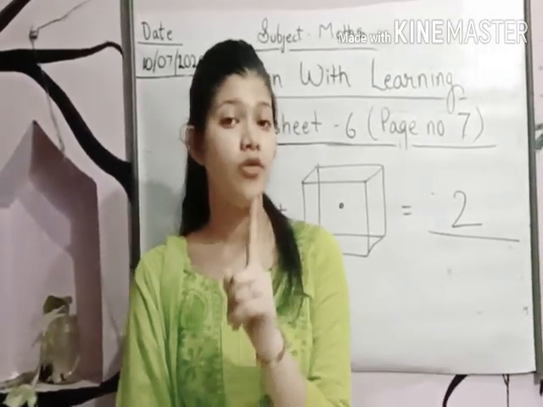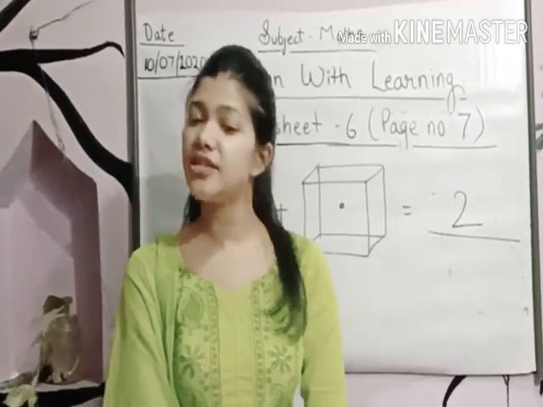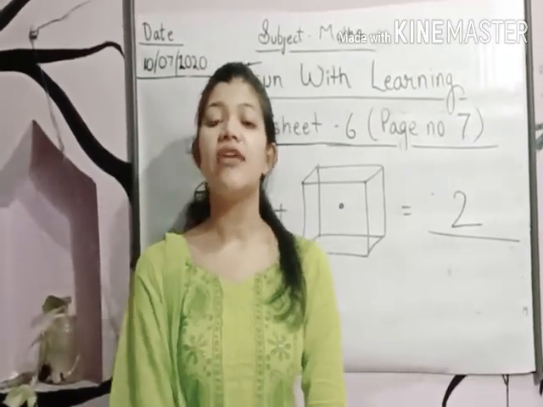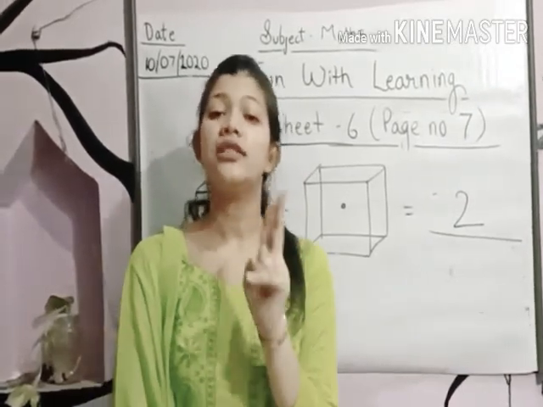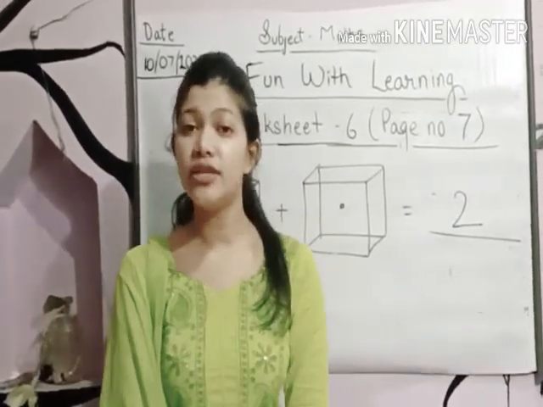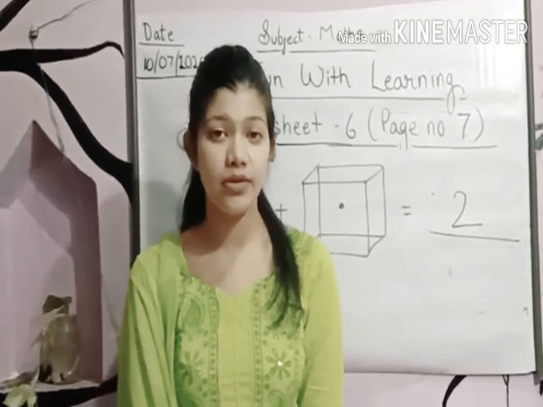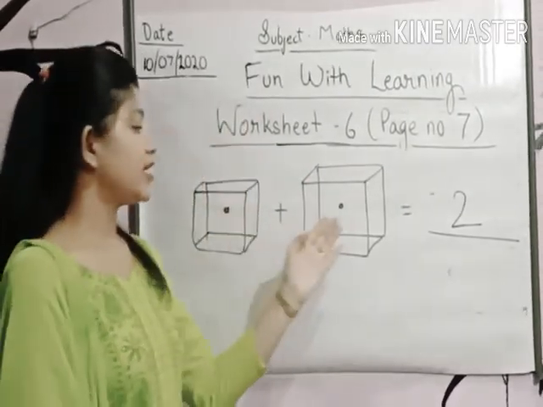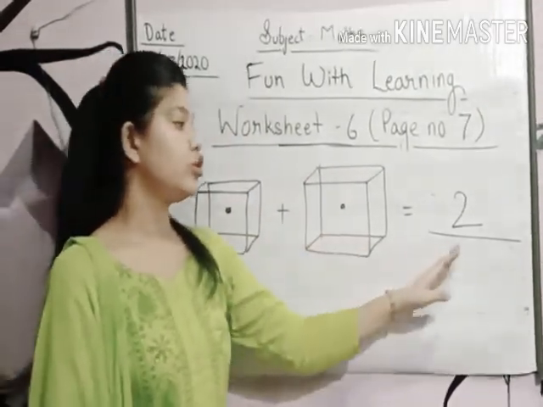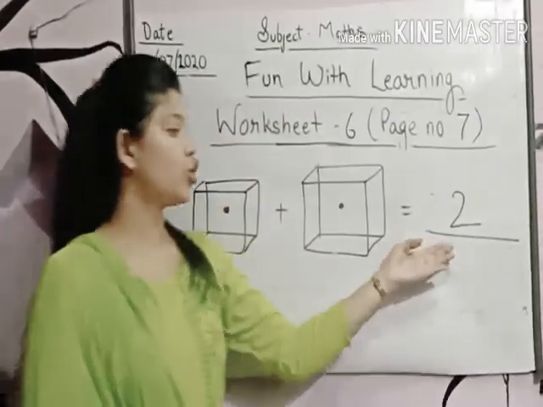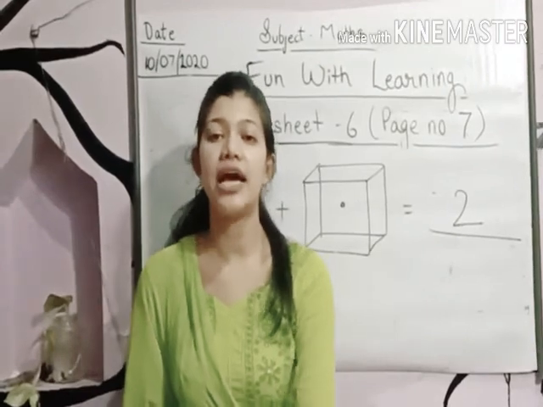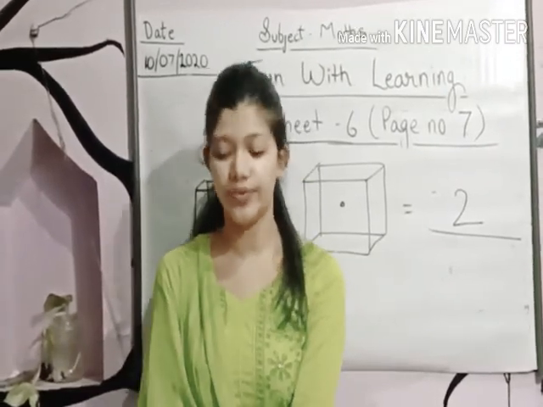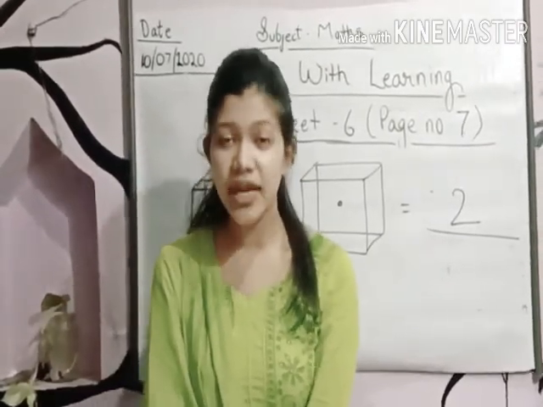Yes, tell me. 1 will be the smallest number. Yes, if we take 2 dice, in both these 2 dice 1 will be the smallest number. Yes, so 1 plus 1 is equal to 2. What will we get as the answer? 2. So write the smallest number you get by throwing 2 dice is equal to 2. Clear? Now let's come to next number.